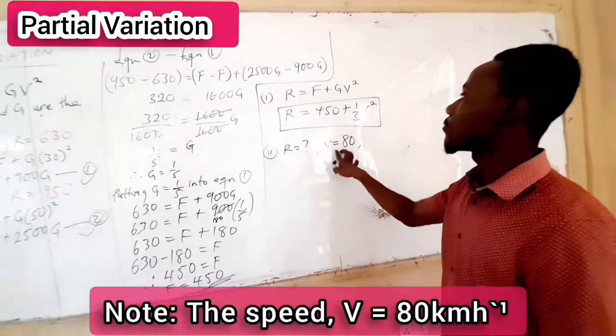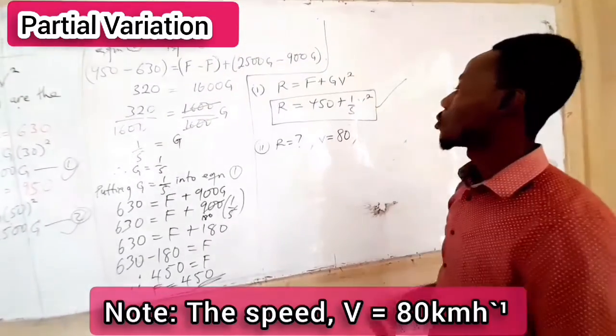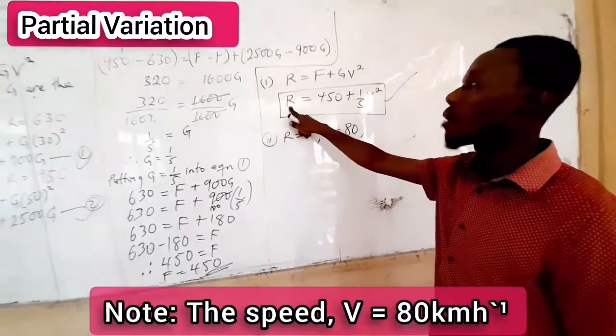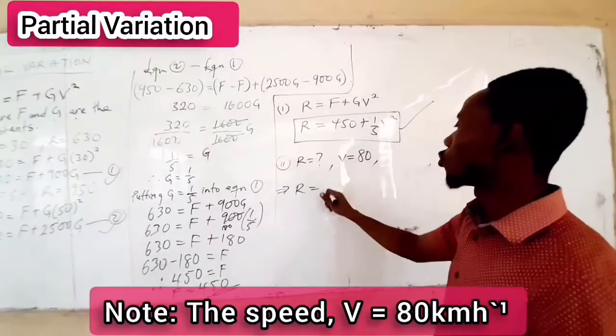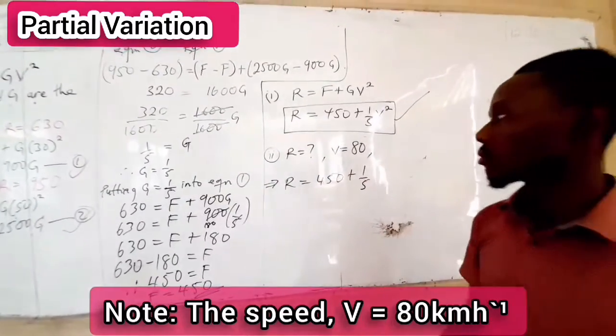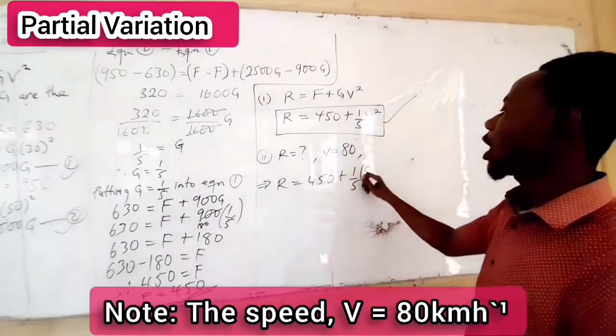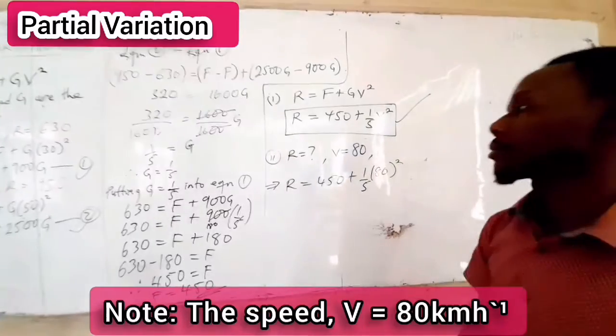We have to put this value into our expression so that we will get our R. So we can say R is equal to 450 plus 1 out of 5, then 80, which is for the V, squared.